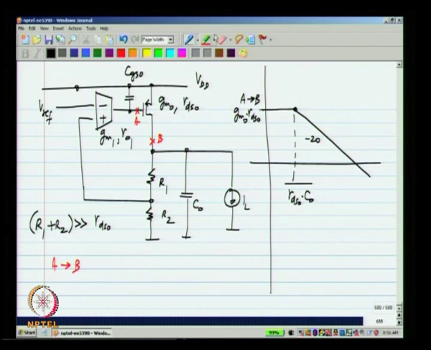This is the transfer function from A to B through the transistor M0, and if you look from B back to A through this voltage divider, GM1 and this output resistance and this capacitance, we will have another low pass function. Okay.